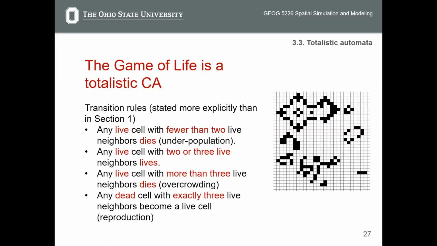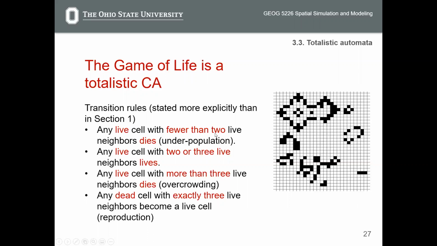Any live cell with fewer than 2 live neighbors dies. So here, let's just assume the cell we care about is a live cell. It is affected by its neighbors. Is it affected by the spatial pattern of the neighbors? No, it is affected by the sum of its neighbors.